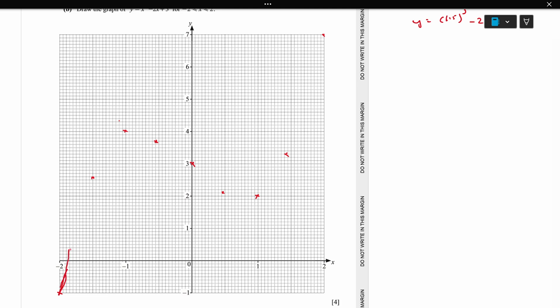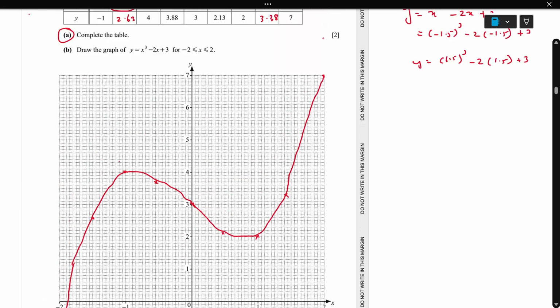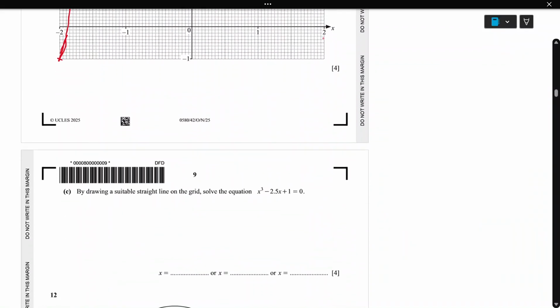It's freehand. You cannot use the ruler here because it's a curve. We should connect all the points, so I couldn't draw it properly here. Yeah, so that part is done. Part B done.